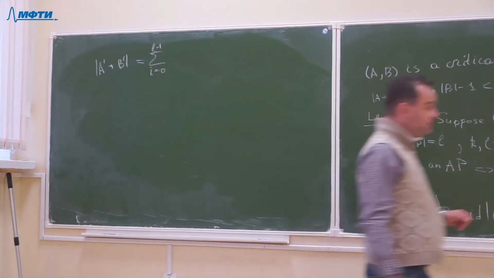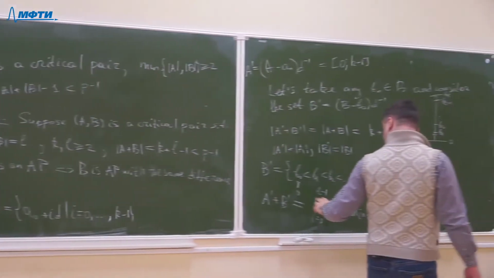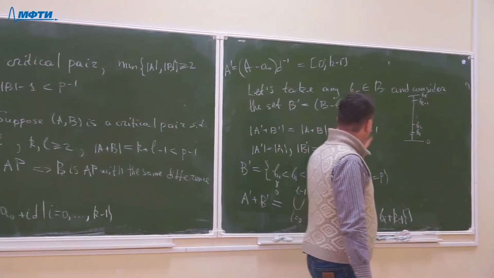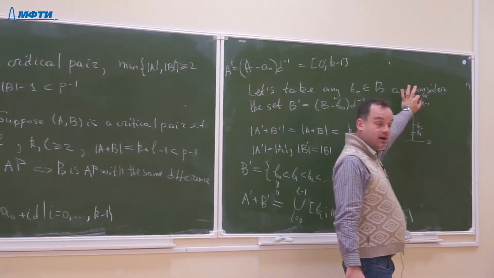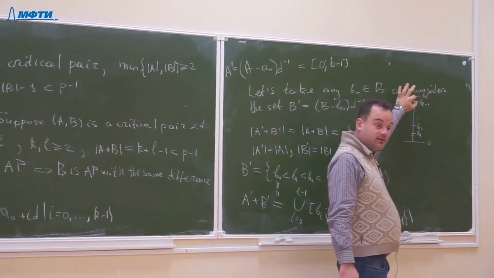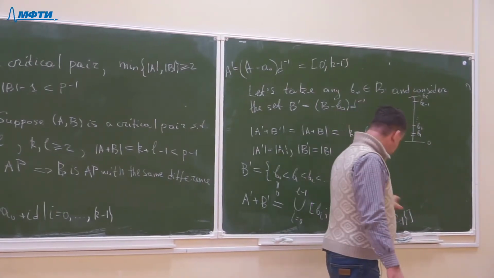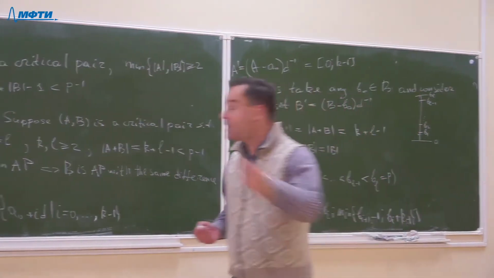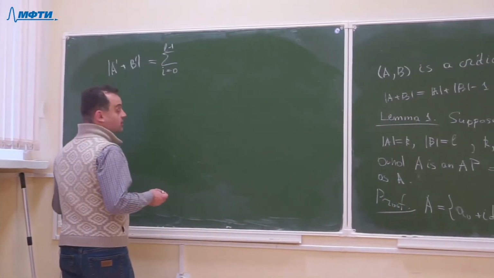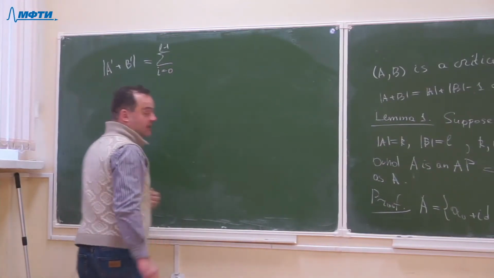That's why, by the way, we introduced this BL: for I equals L minus 1, we have the part from B_{L-1} to BL, which is P minus 1 till this one, right? Okay.